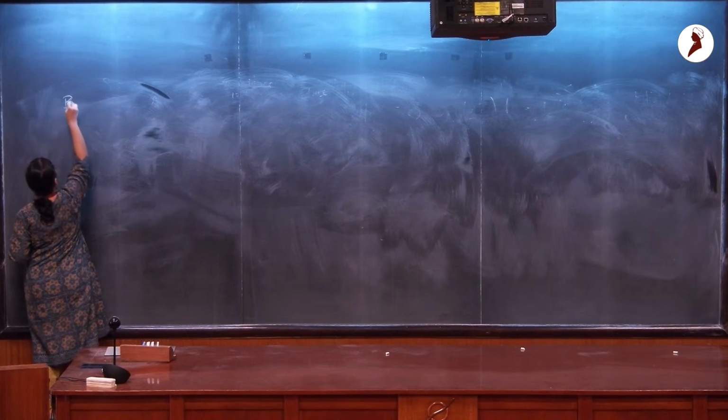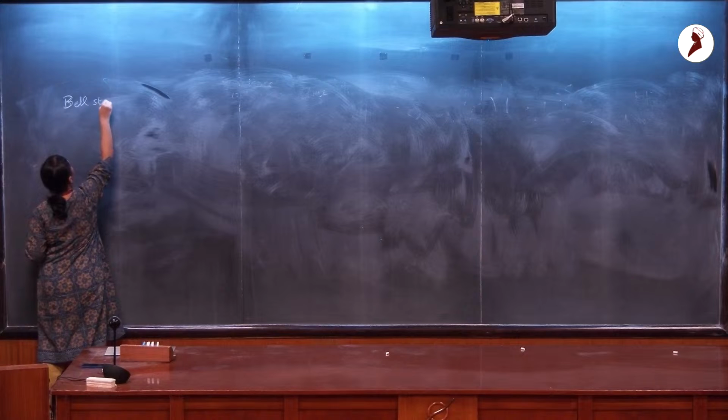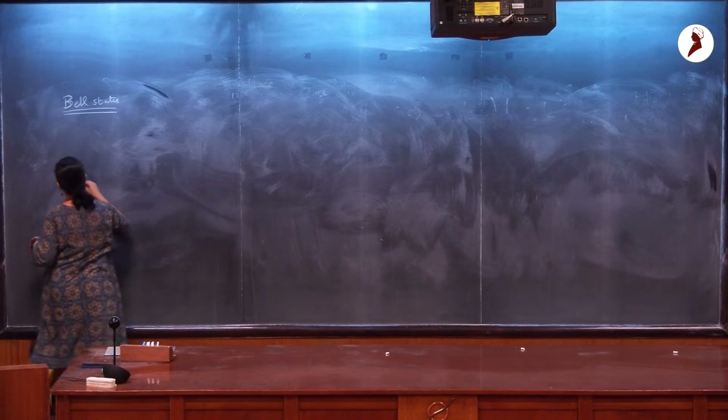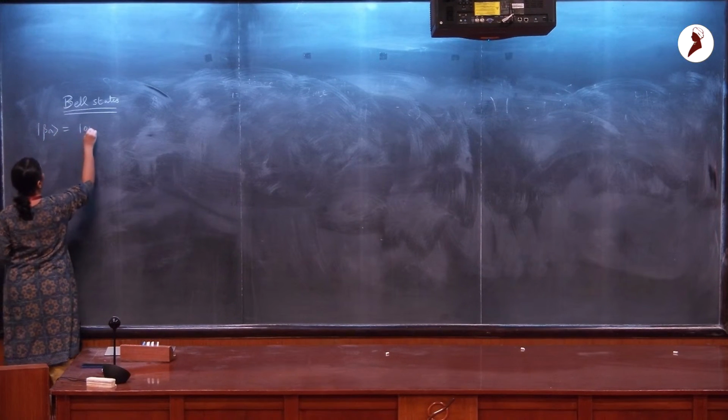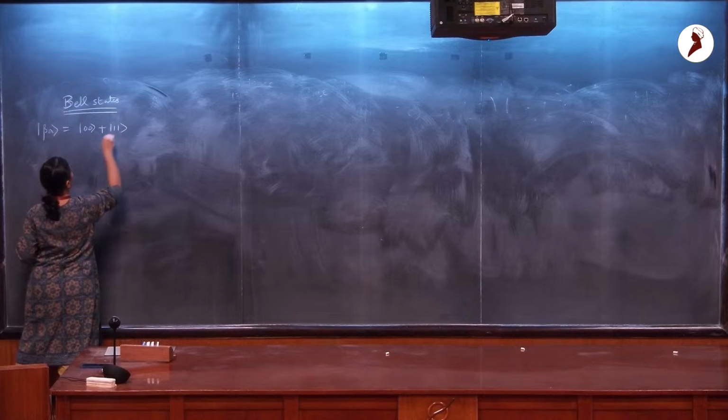So let me start by writing down a set of 4 states. I wrote this during the tutorial session last evening, but maybe everyone was not here. So I'm going to label them in this way, as I said. So there is this.